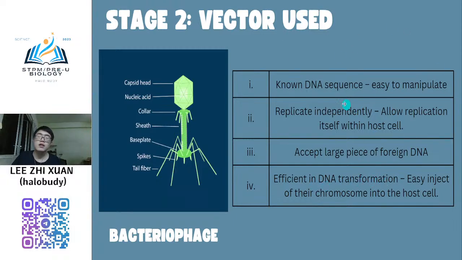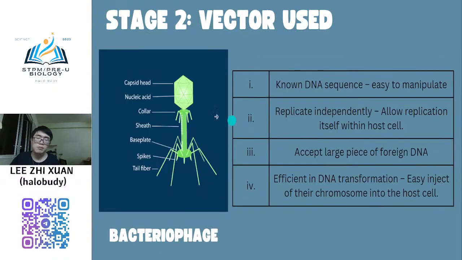The reason is not that bacteriophage is smaller, because bacteriophage is one type of virus, so you cannot say that bacteriophage is small. It has a known DNA sequence. You already know the sequence of DNA for the bacteriophage, and the unique thing is that it can replicate independently, compared to the plasmid.